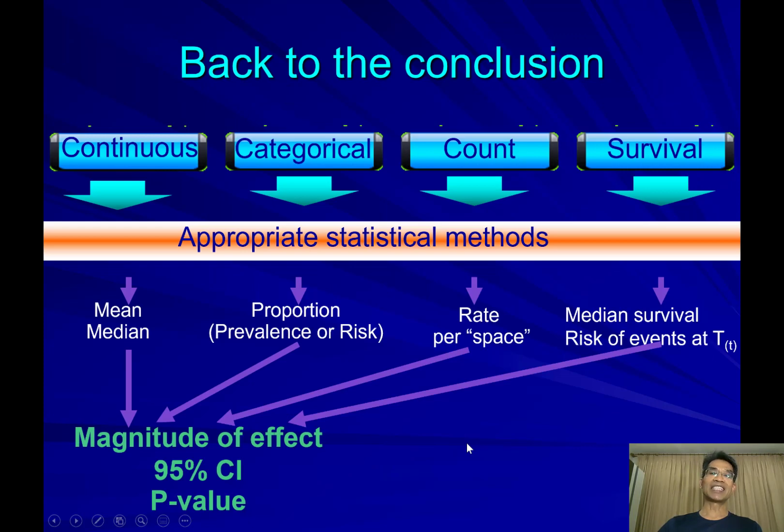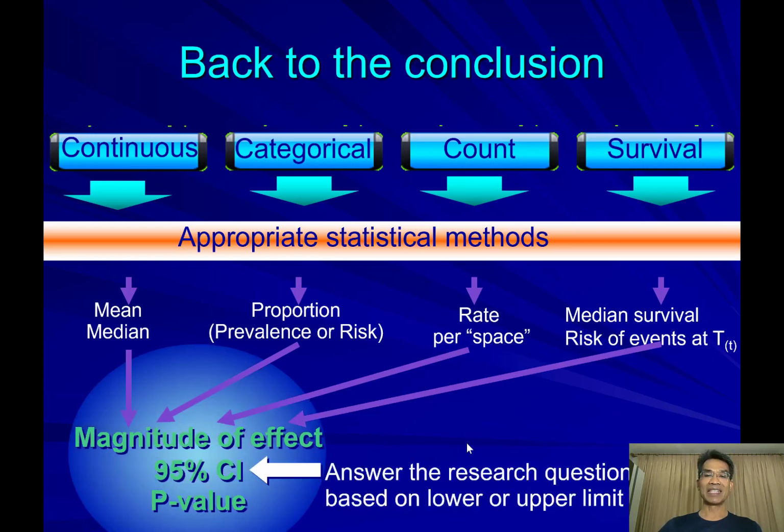That means whatever you use, still go for how large is the effect, with the confidence interval and p-value, if you like. Not just the name of the methods and end up with something that is not this.